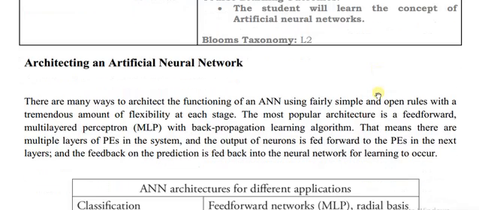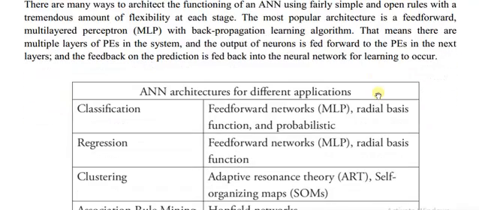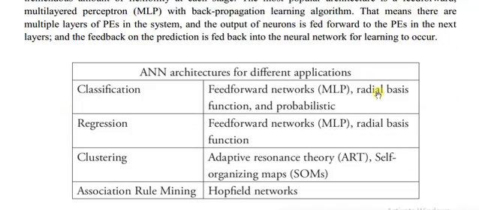Okay. Let us see what different types of artificial neural networks are present. The first is classification. When we want to perform classification, we know that we can use decision trees or support vector machines. We can also use feed forward neural networks, that is, the multi-layer perceptron can also be used for classification.